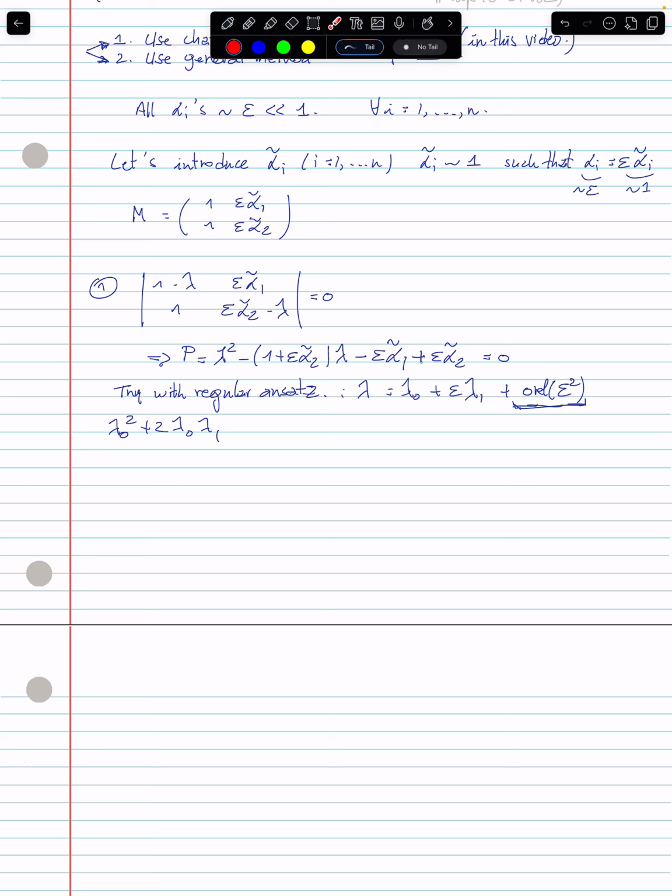All right. This is for the first term. Then we have minus 1 plus epsilon alpha tilde 2 times lambda 0 plus epsilon lambda 1 minus, or let's say plus, alpha 2 tilde minus alpha 1 tilde, multiplied by epsilon.